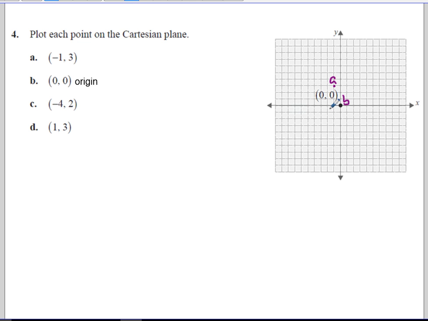So 1, 2, 3, 4, 1, 2 puts us in front of our parenthesis here at point C. And then point D, positive and positive, we should be up in quadrant 1. We're going right 1 space and up 3 spaces. So they have them all kind of close together for us. Here's point D.